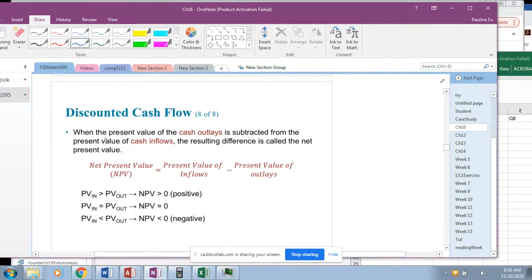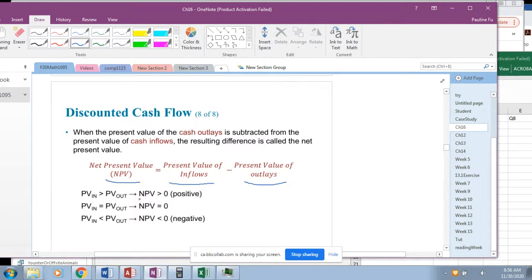When you do the present value of cash outlays, now we introduce a new concept, net present value. Net present value is the present value of inflows, money in, minus the present value of outflows, money out. Okay.